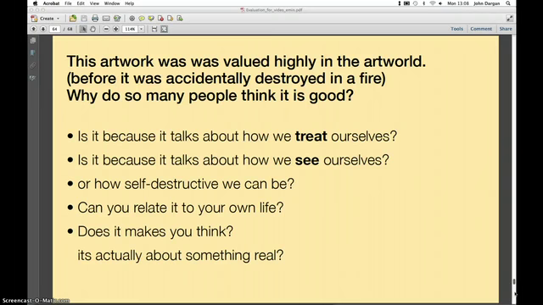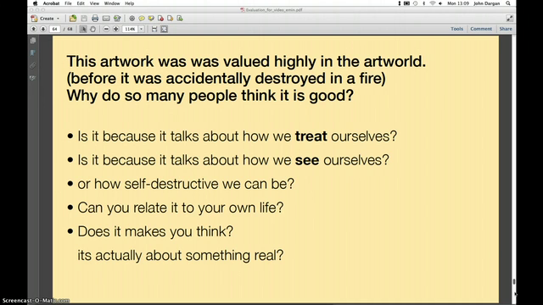This artwork was valued highly in the art world, but it was destroyed accidentally in a fire. Why do so many people think it's a good artwork? Now, is it because it talks about how we treat ourselves, in that we can be quite abusive to ourselves, or we can make sure that we eat well, or treat people with respect, etc.? Is it because it talks about how we see ourselves, in terms of our identity?